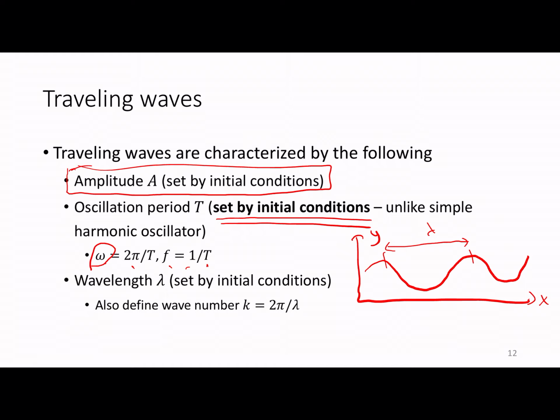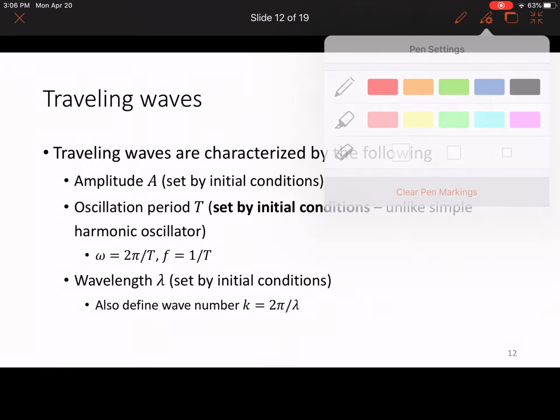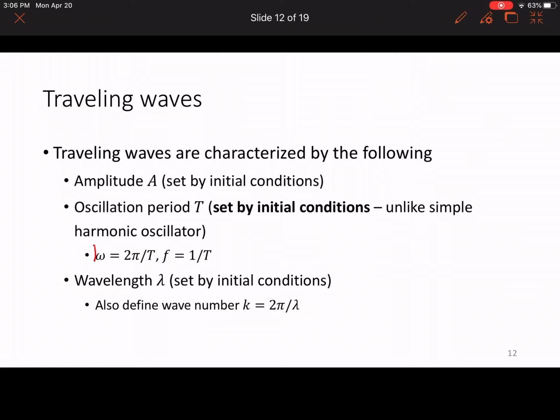So one quick thing before we move on, I'm going to define an object called the wave number, which I'm going to denote by k. So k is simply defined as 2 pi over lambda. And notice, k plays the role of omega except for space. So omega is 2 pi divided by T, meaning that I always have expressions of the form cosine omega t. k is 2 pi over lambda.